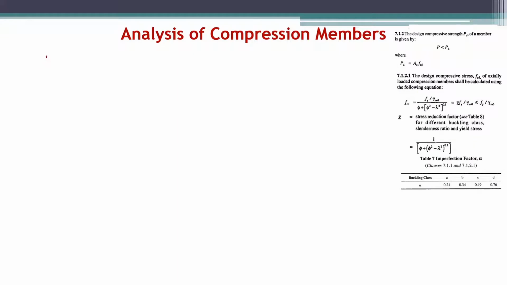Okay, now we have calculated our slenderness ratio, that is 51.54, and we know the area of our member is 2 times 2929 mm square, because two angles are connected back to back on the same side of the gusset plate.